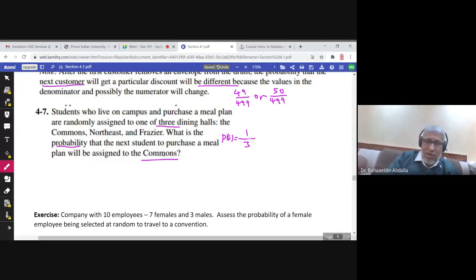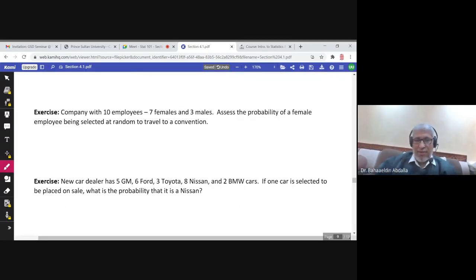Another exercise: a company with 10 employees. Of those 10 employees, 7 of them are females and 3 are males. Assess the probability of a female employee being selected. So the question: what is the probability that we select a female at random to travel to a convention?